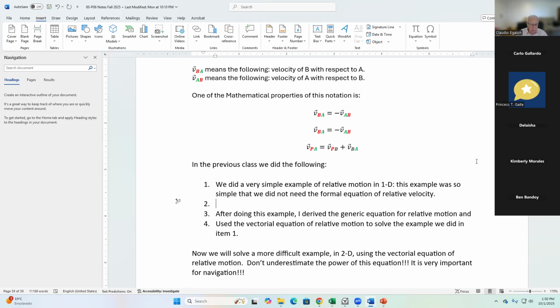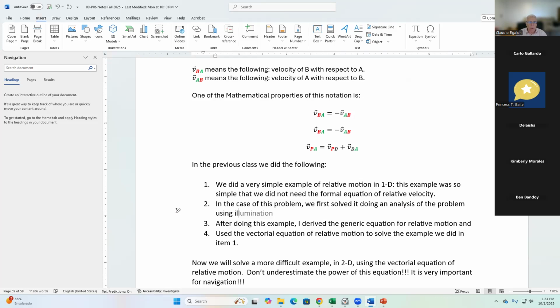In the case of this problem, let's write that down, right? In the case of this problem, we first did an analysis. We first solved it doing an analysis of the problem using illustrations, and then we solved it in a different way.